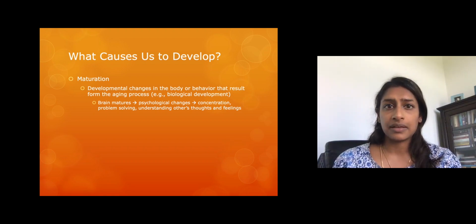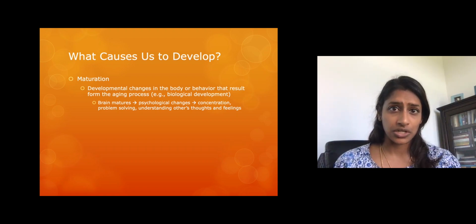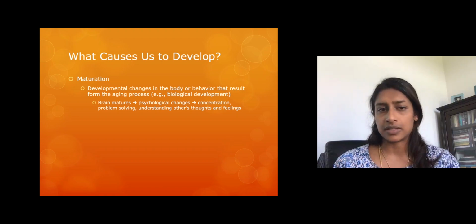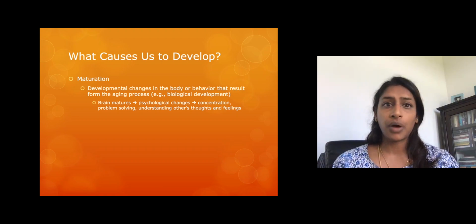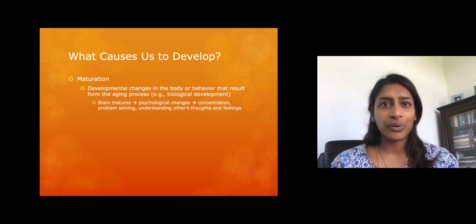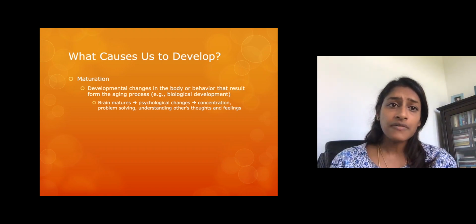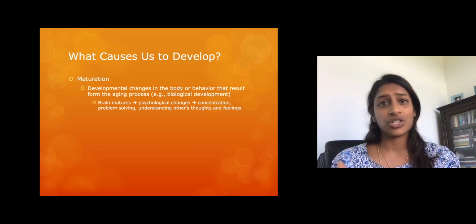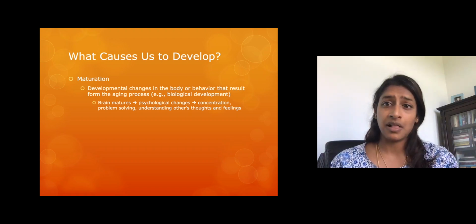So think about it something like this. Your brain matures. This then influences psychological changes, which might influence concentration, our ability to problem solve, our ability to understand other people, their thoughts, their feelings. And all of this is a catalyst for change, and more specifically for development.